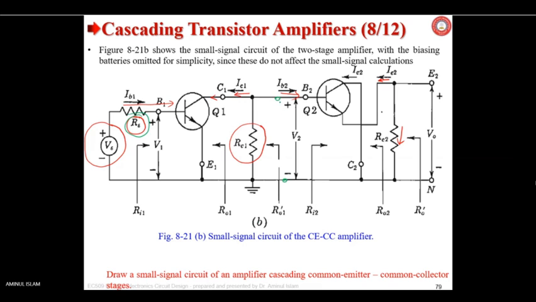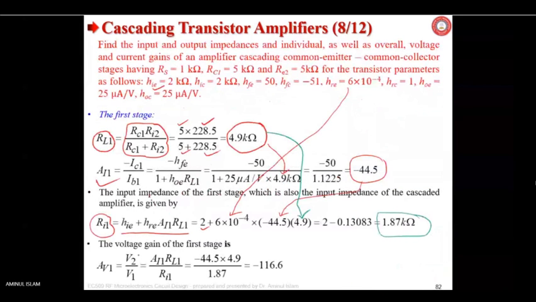So the voltage here is V2. So if you write the voltage gain, it is V2 by V1. V1 is at the input, not considering the source resistance so far. So that will be AV1 is this. Is it understood, Bushra? Which can be written as AI1 RL1 by RI1, and putting the values, you will get this value.